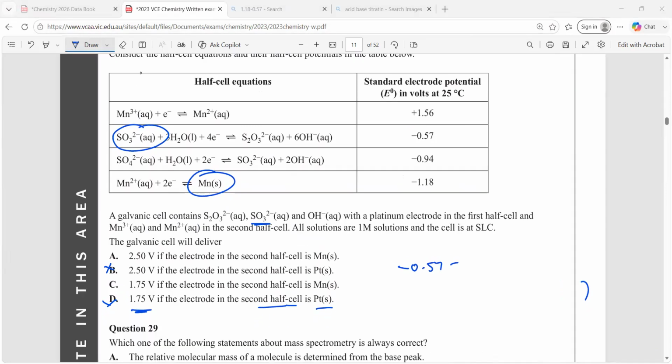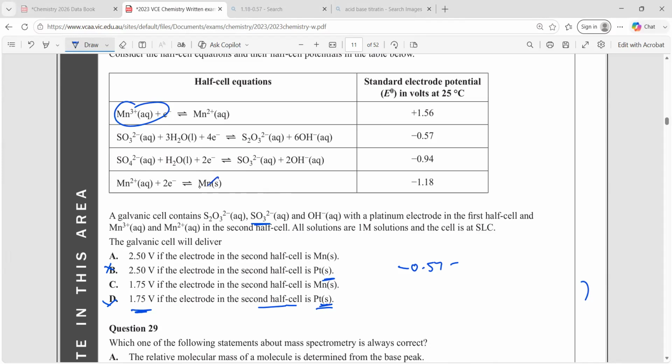Sorry, yes, I am very, very sorry, guys. I was very tunnel vision. So I didn't realize if it was just platinum electrodes, then it'd be Mn3 plus because we don't have manganese, but it doesn't necessarily have to react with this. It'd actually react with that because it's actually a stronger reducing agent.